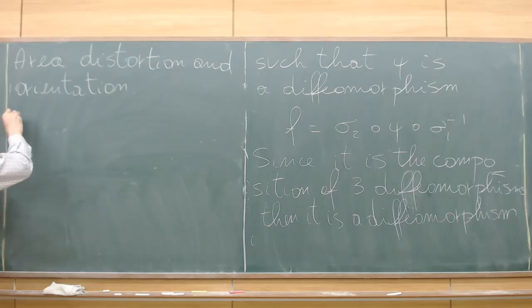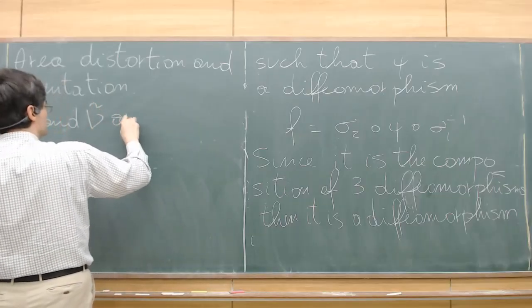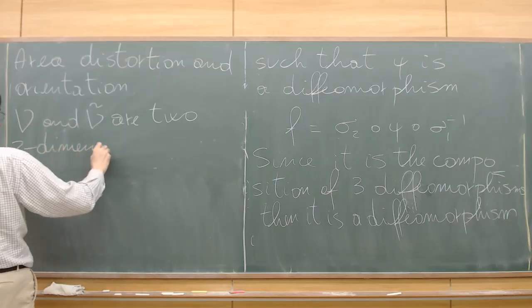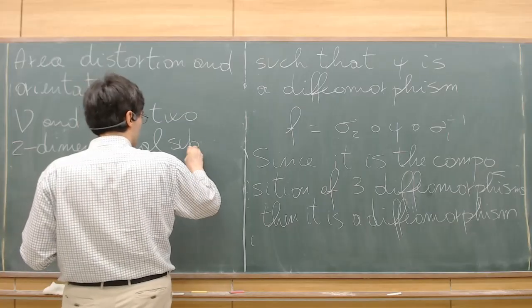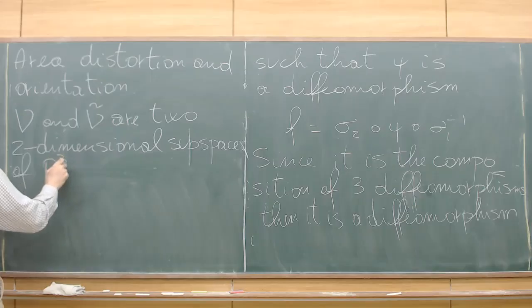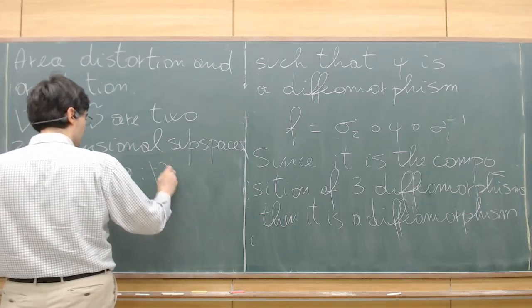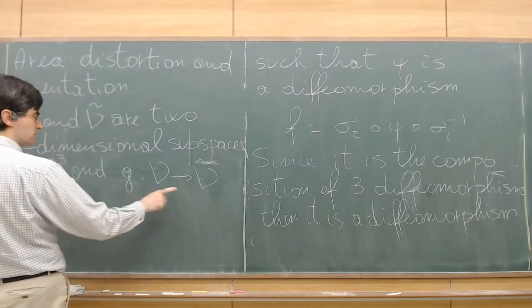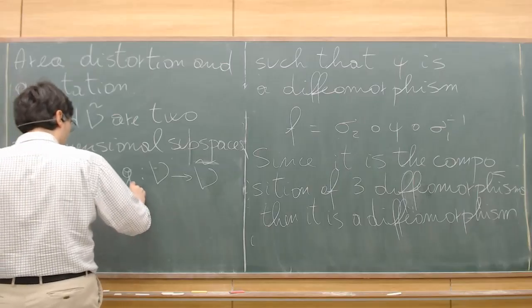Suppose that nu and nu tilde are two-dimensional subspaces of R3, and G from nu into nu tilde is a linear isomorphism.